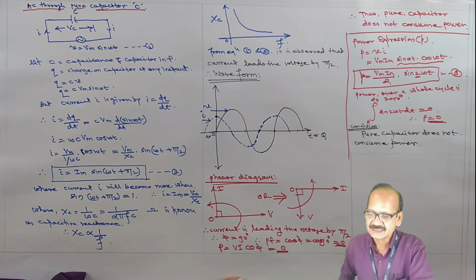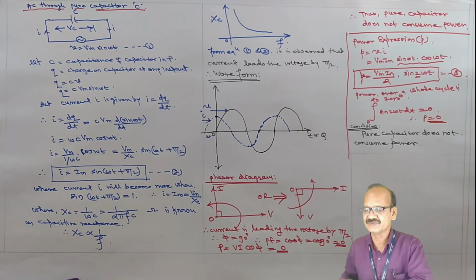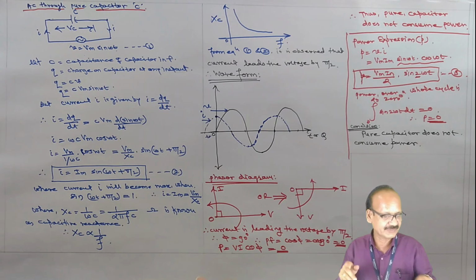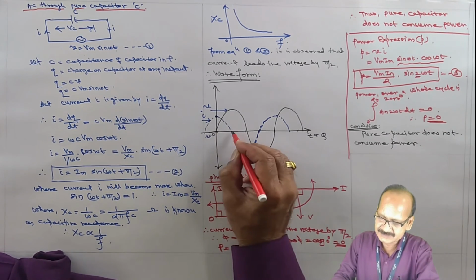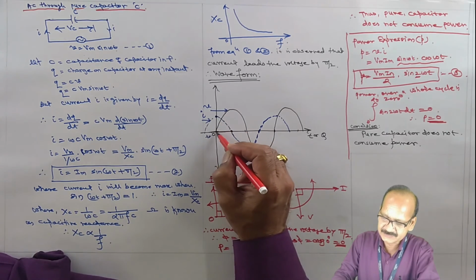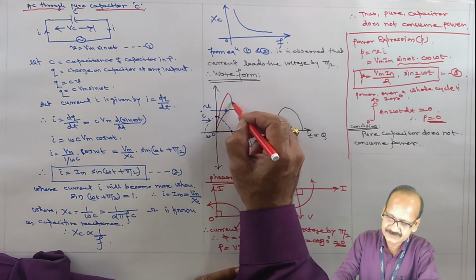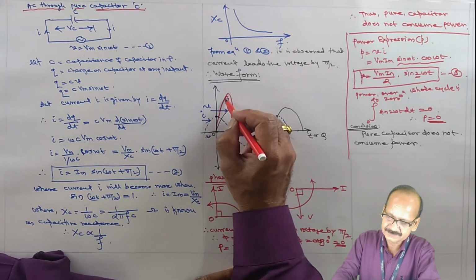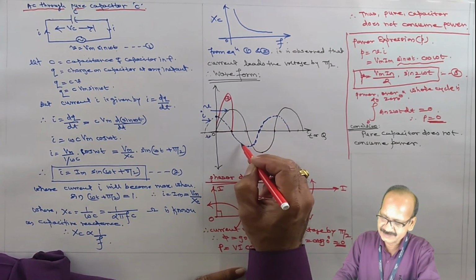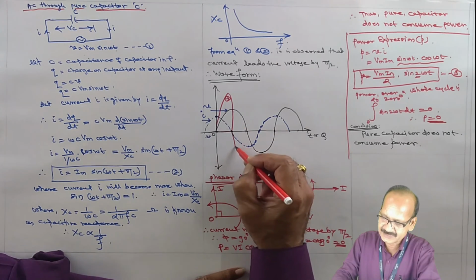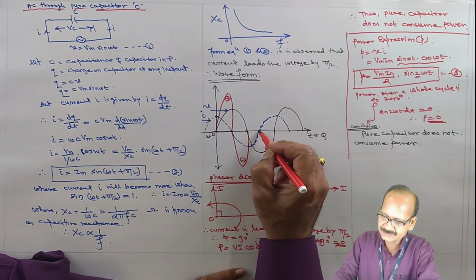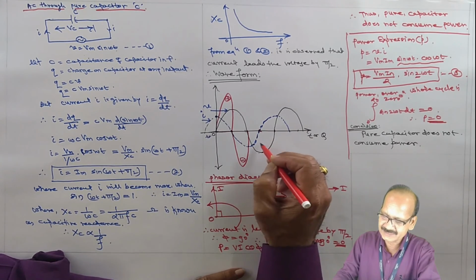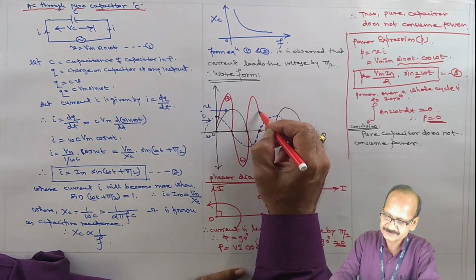So from equations 1 and 2, it is observed that current leads the voltage by an angle pi by 2. We have drawn the waveform also. Now we have to see the power waveform. During this time band, the current is positive and voltage is positive. Therefore their product is also positive. Then during this band, current is negative whereas voltage is positive, so their product is negative. Then during this band, both voltage and current are negative, so their product is positive.